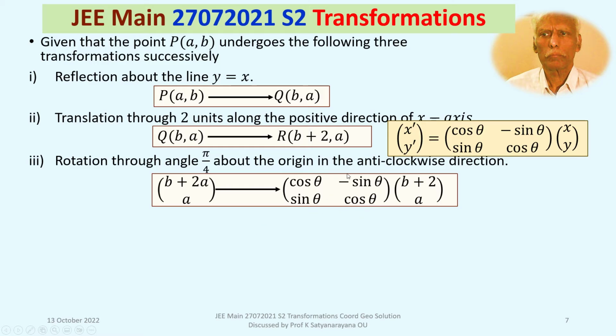That is, this is the final one where theta is pi by 4, and given the final position is (minus 1 by root 2, 7 by root 2). This is the final position.